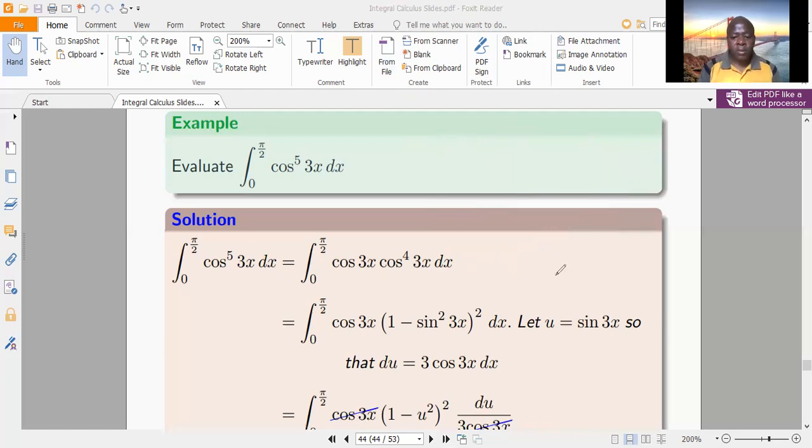So at this point, we let u be sine 3x and differentiate on both sides to get du equals 3 cos 3x dx, or that dx is du out of 3 cos 3x. We are ready to substitute and then integrate.